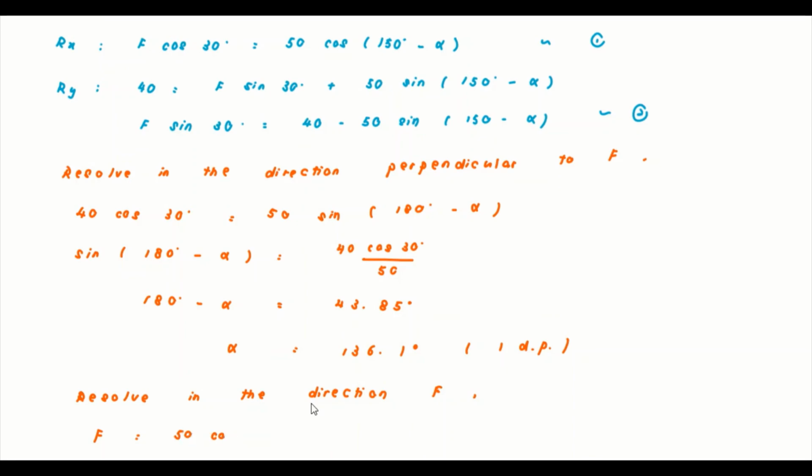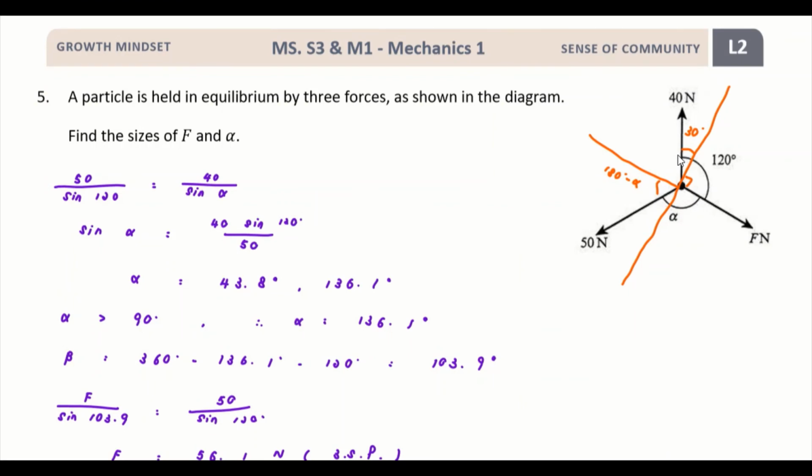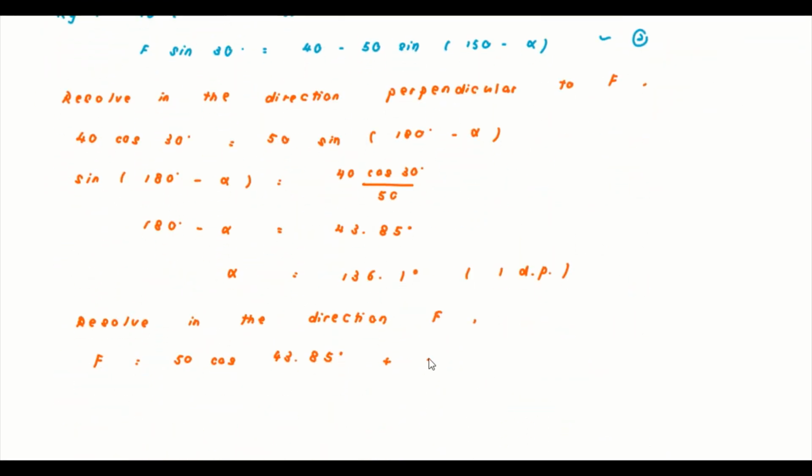Remember it's this value, not this value, so 43.85. And then plus the other one up there, which is 40 sine 30. By putting everything in your calculator, you should be able to get 56.1 Newton, in 3SF. It's the same answer that you get from Lami's theorem.